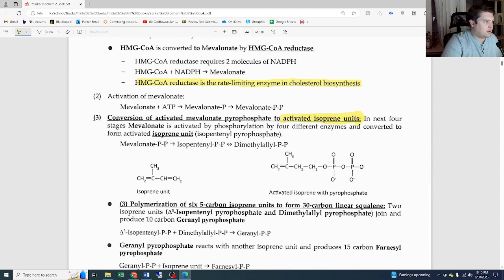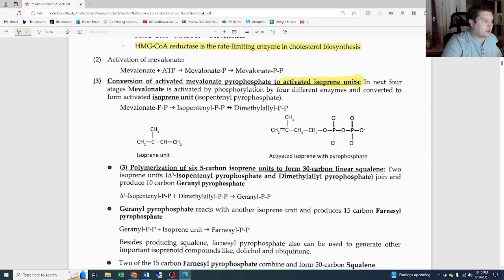So our mevalonate double phosphate gets converted to isopentenyl double P, and that is also in between the dimethylallyl diphosphate, our activated isoprene with pyrophosphate. So these are the 2 names that you want to remember, the isopentenyl and the dimethylallyl.